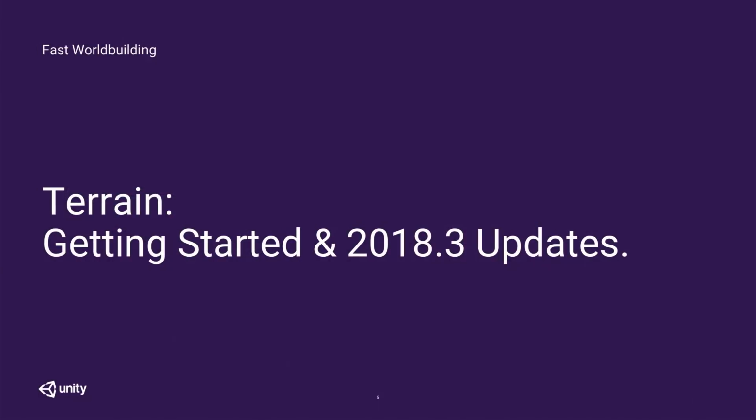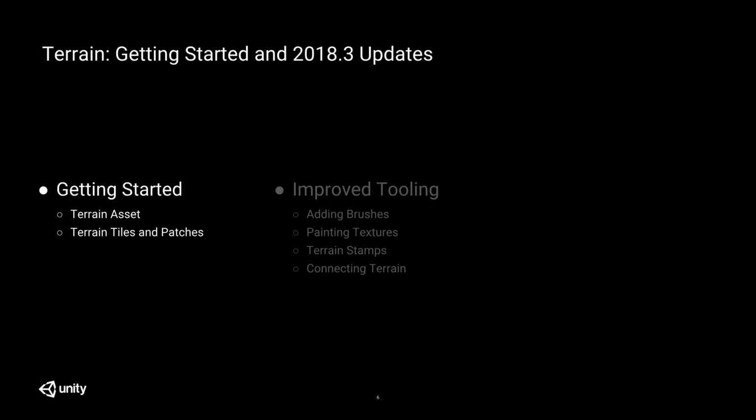So, terrain. Like I said, I'm going to start from the beginning. We're going to talk about what terrain assets are and what tiles and patches are, because patches are quite useful when we look at the performance enhancements a little later and how it works under the hood. Then we're going to have a look at the tooling.